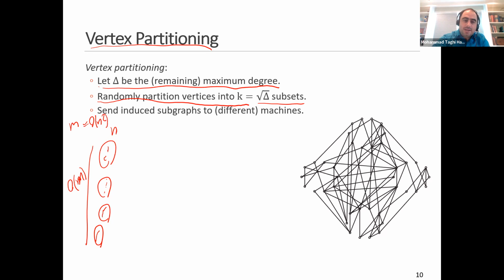So we will randomly, and say this delta is actually the maximum degree. And say for now delta can be order n. The maximum degree of a vertex can be order n. How do we do that? We partition this graph, the set of vertices that we have, into square root of n clusters.